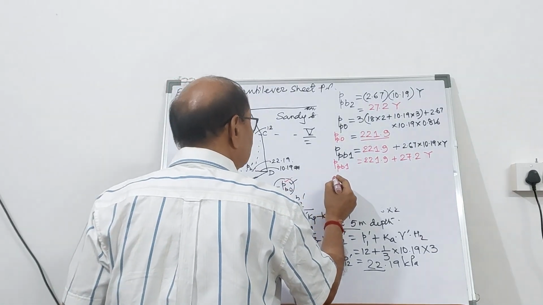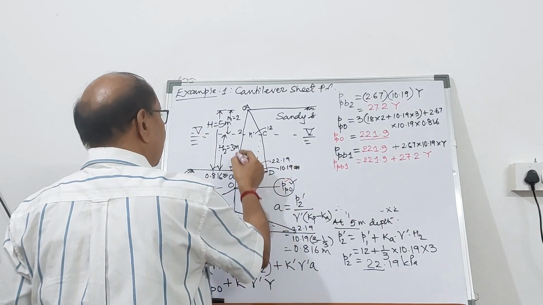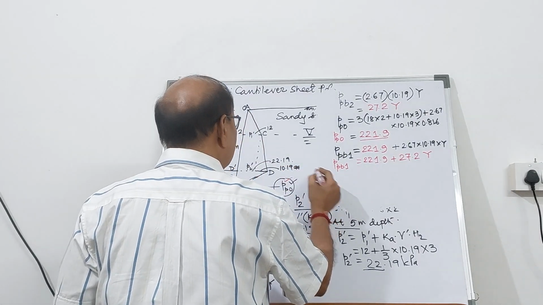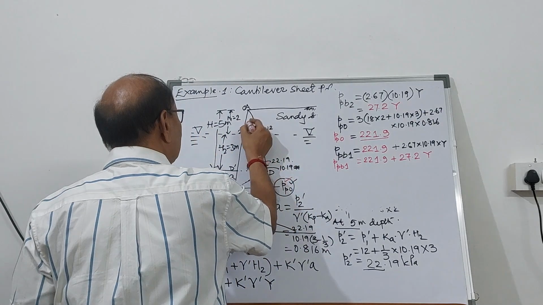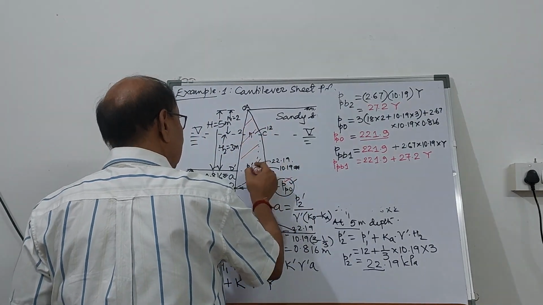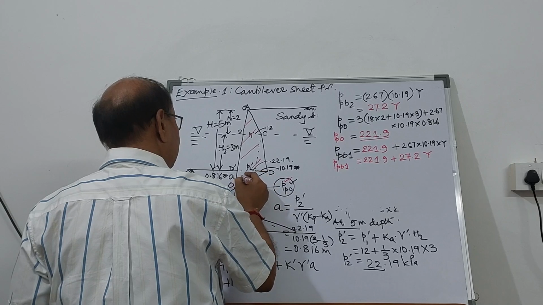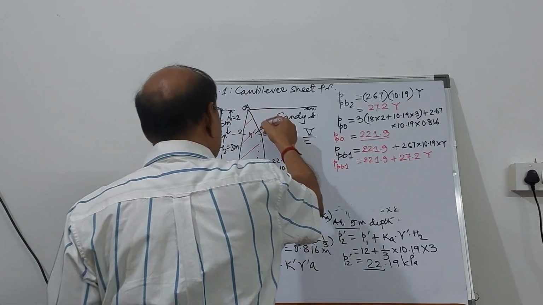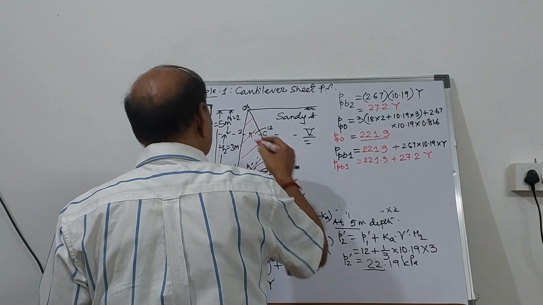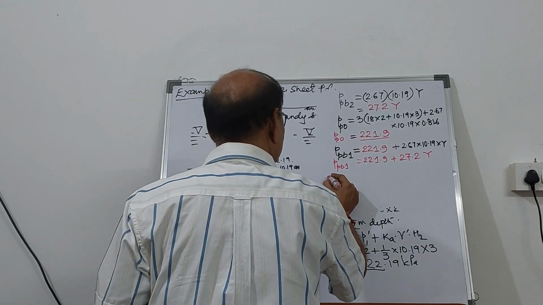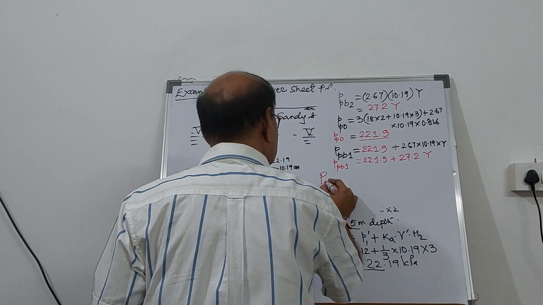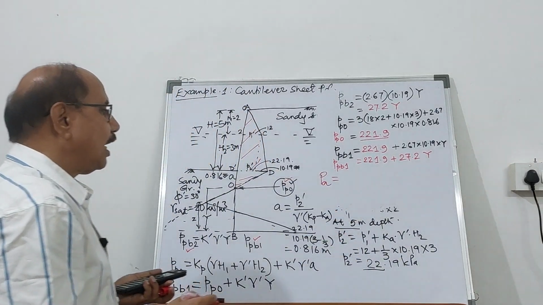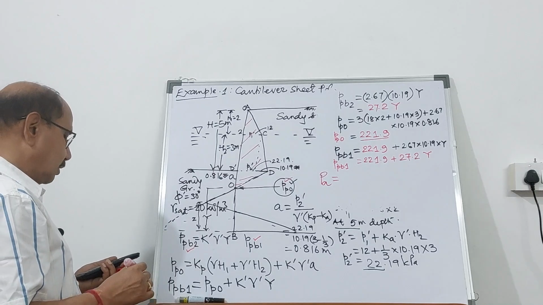Therefore, with the pressure distribution, we can now calculate the area of this active earth pressure distribution diagram. So the area of ACDO will give you PA, the magnitude of active earth pressure.